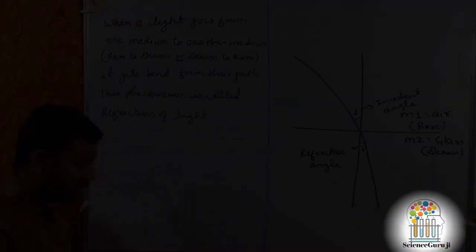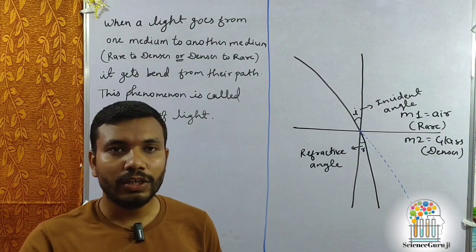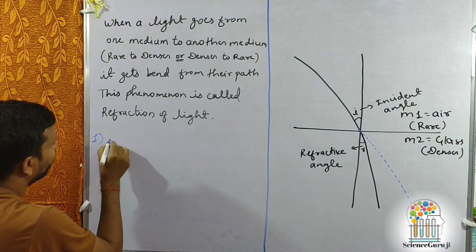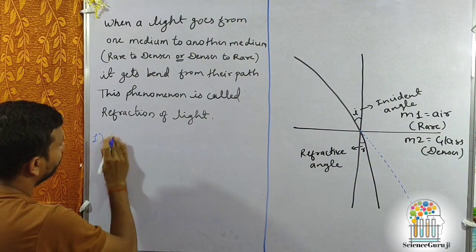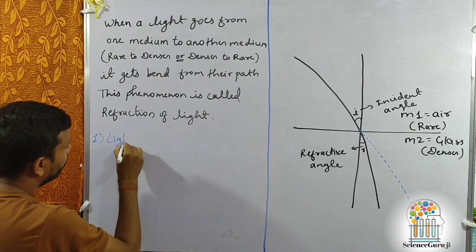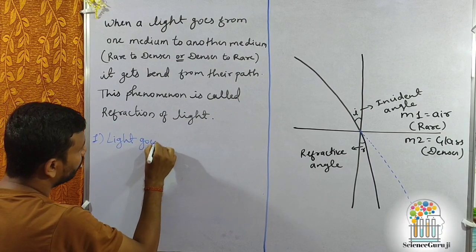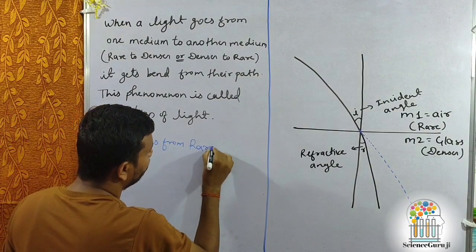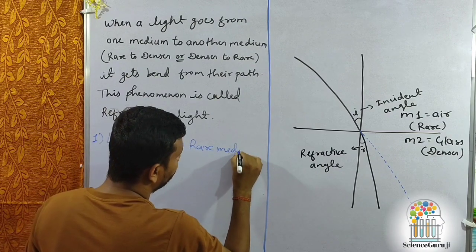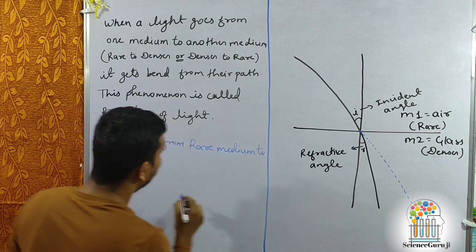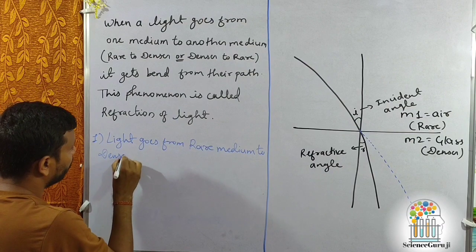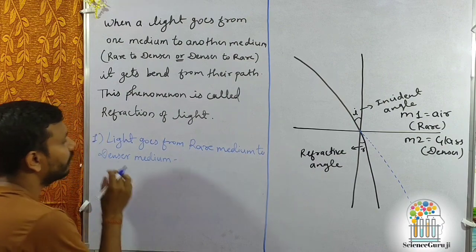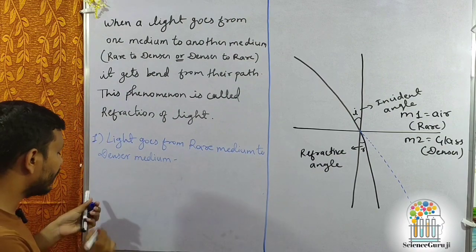In refraction, two cases are formed. The first case is when light goes from a rare medium to a denser medium.